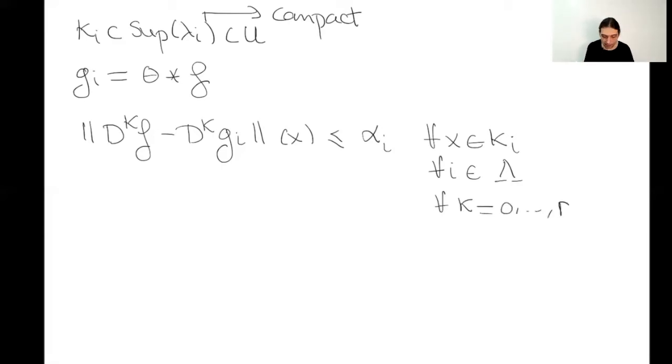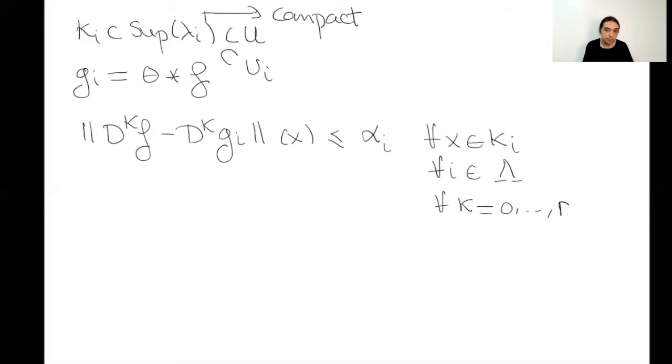What we get is that if we consider some theta whose support radius is really small, this support of lambda i is contained also in Ui, right? And given a fixed positive real number alpha i, we are going to have this inequality if the support radius is small enough.